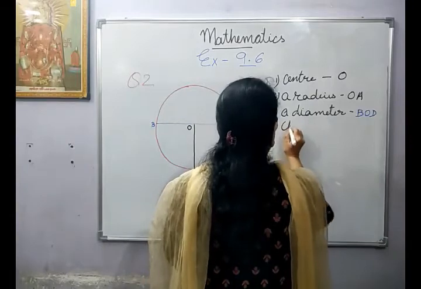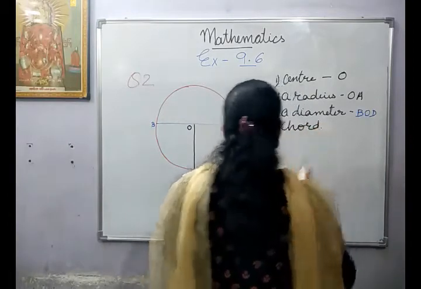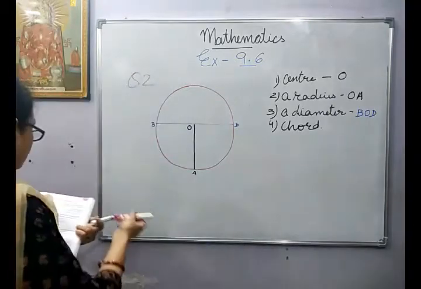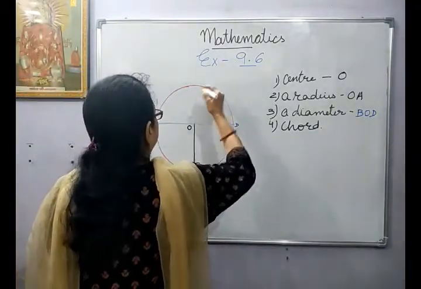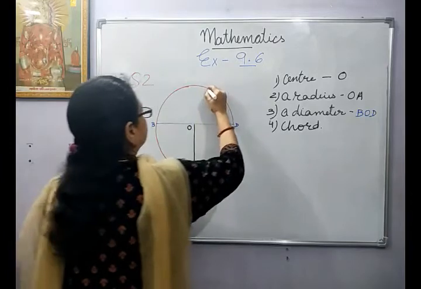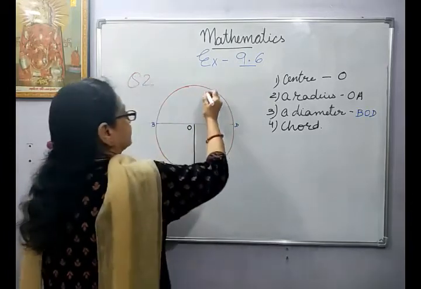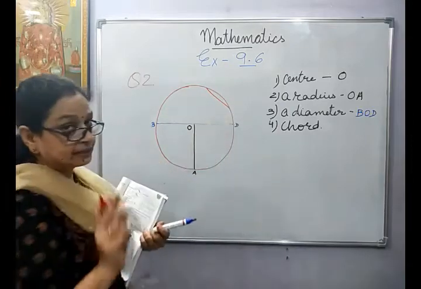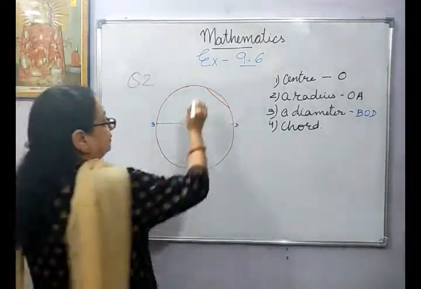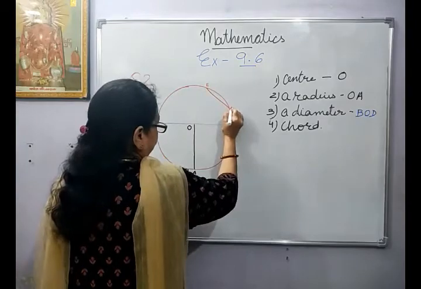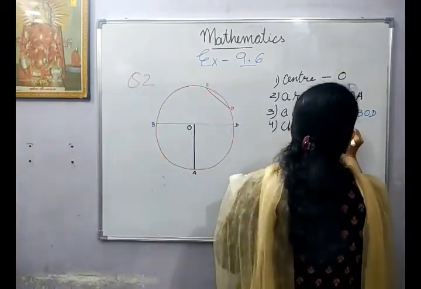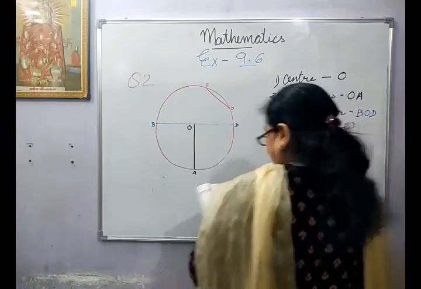fourth is chord. So chord, suppose I take over here. Chord is the line joining any two points on the circle, but it is not passing through the center. Make it ED. So I write there, it is ED.